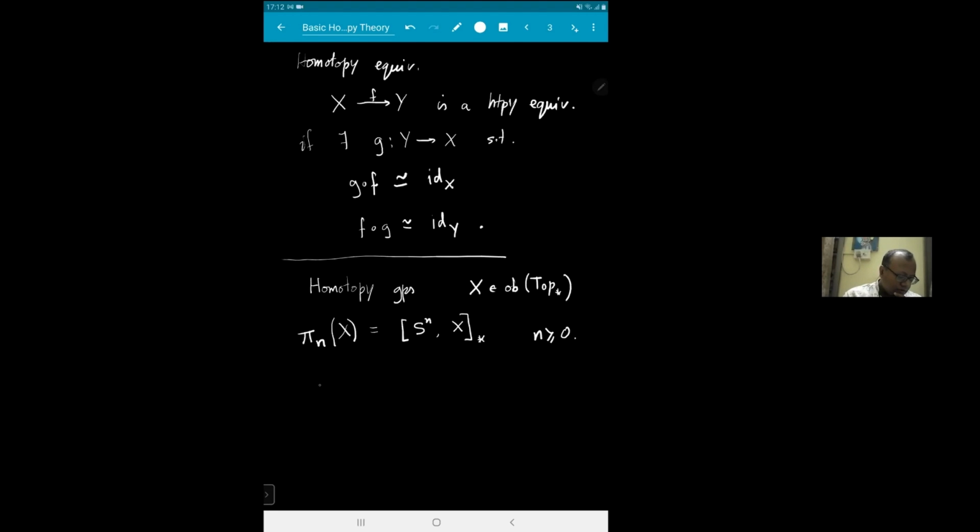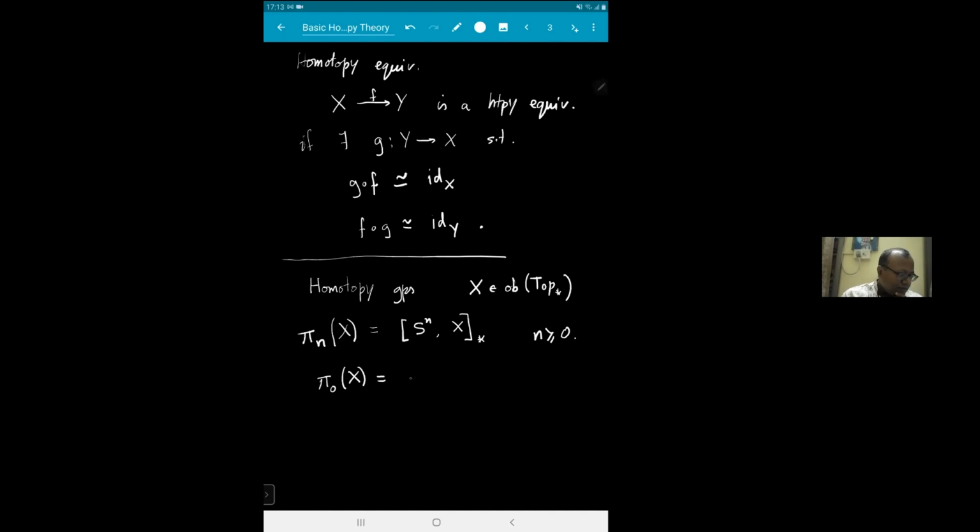Now, when you define it like this, you readily realize, I will not prove all these facts. They are standard facts. You can see it in Hatcher's book, for example. The proofs are not difficult, but I don't have a lot of time, so I'll just go over them very quickly.